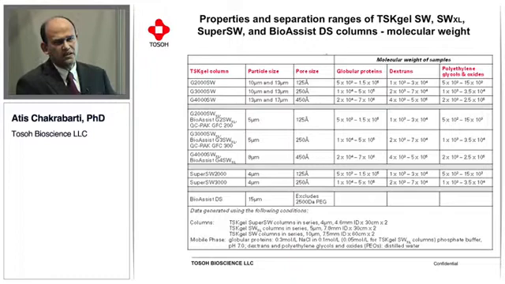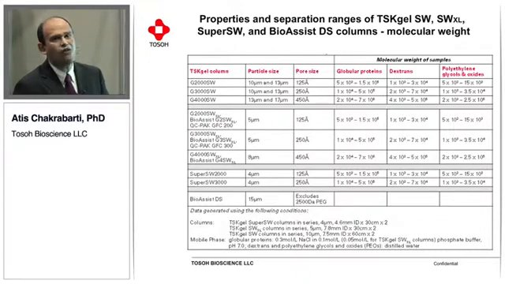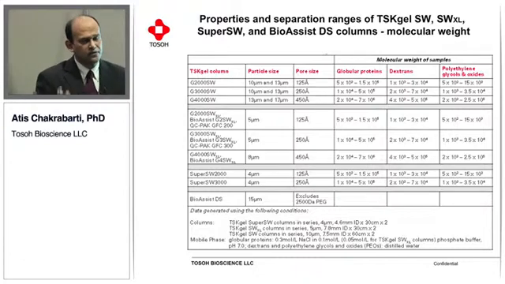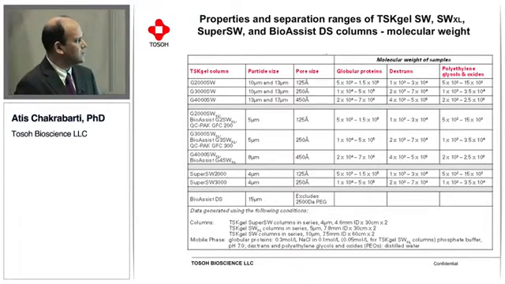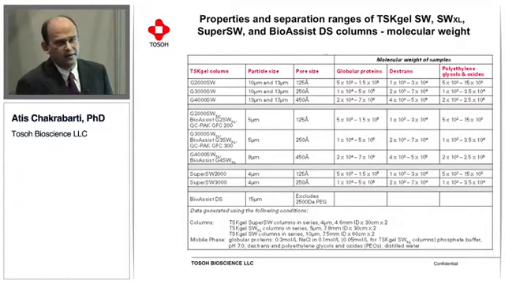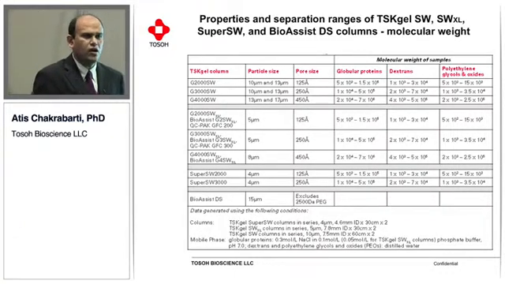This is a tabulated form of the different types of columns we have in our inventory, and their parameters like particle size, pore size, and the different types of standards we have used to calibrate each column. We have used different standards because not all proteins are globular.